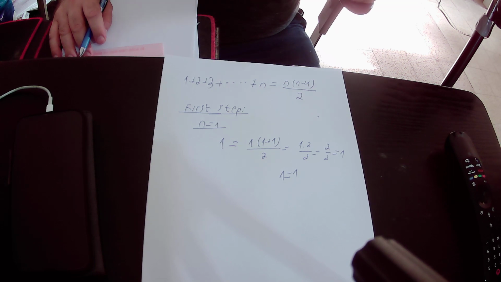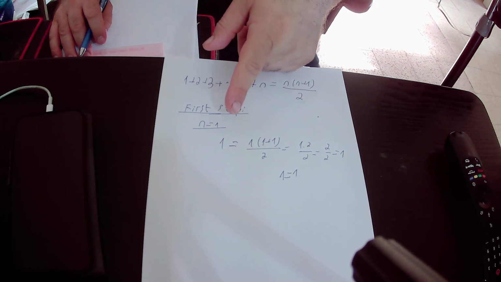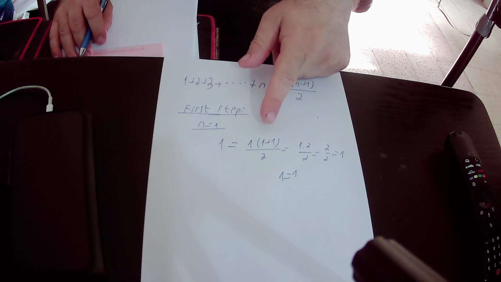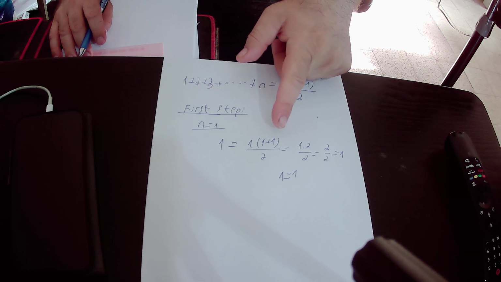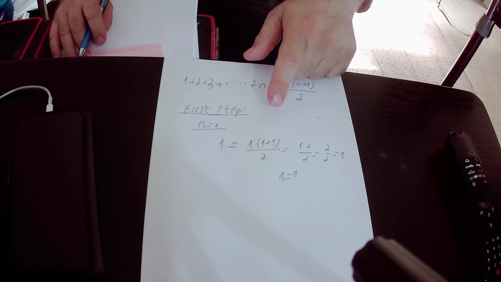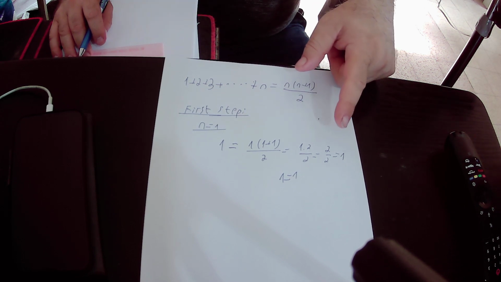Because n equals 1, the right side equals n times n plus 1, so n is 1, 1 times 1 plus 1, all divided by 2. So 1 times 1 plus 1 equals 1 times 2, all divided by 2, is 2 divided by 2 equals 1.